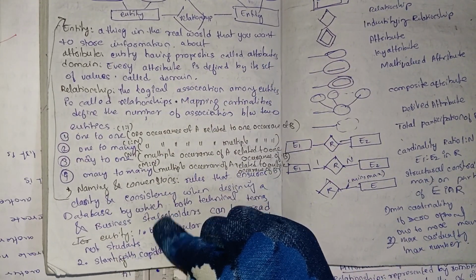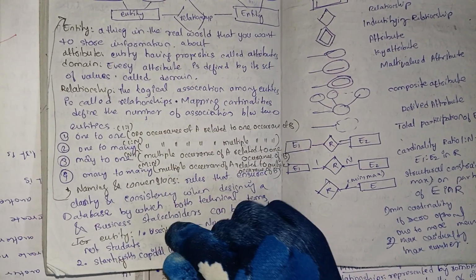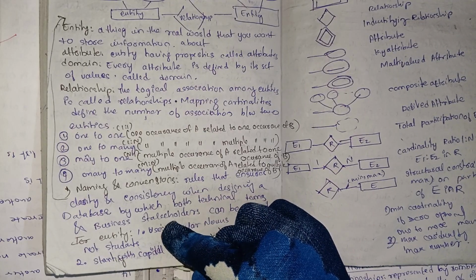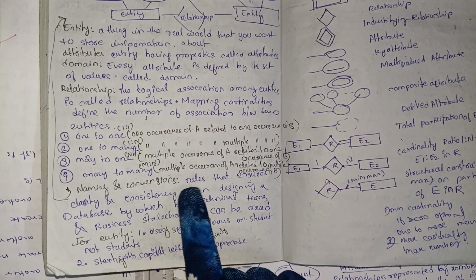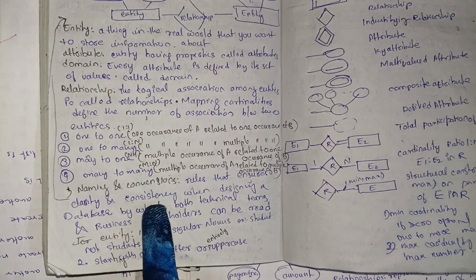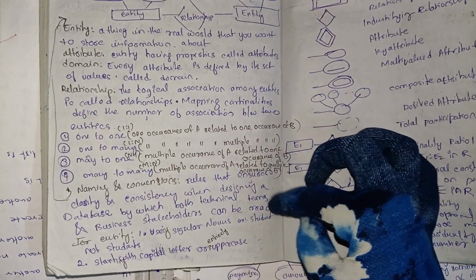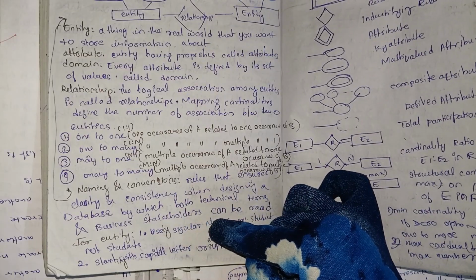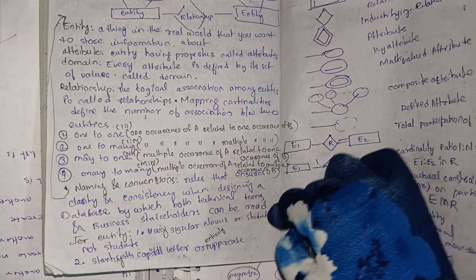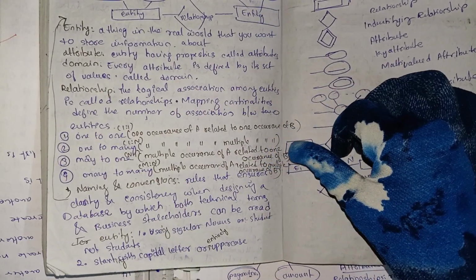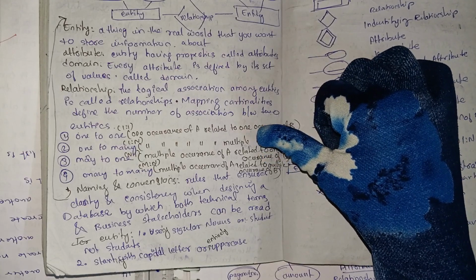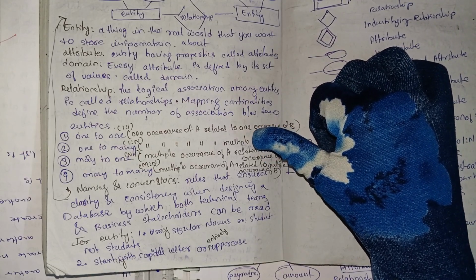This is important for implementing a diagram for the relational model. Naming conventions are rules that ensure clarity and consistency when designing a database, so that both the technical team and business stakeholders can read it. These are the rules which ensure clarity and consistency.